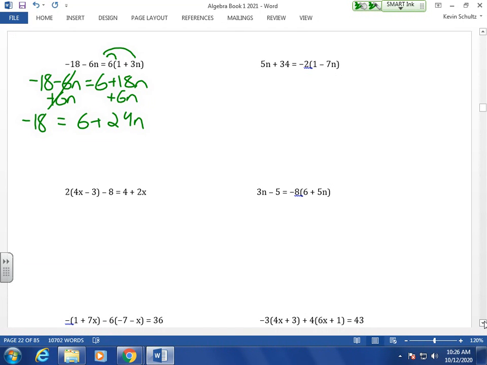You could also subtract 18n from both sides and get negative 24n over on the left. In either case, two-step equation, we're happy, comfort zone, subtract 6, negative 24 equals 24n. Divide both sides by positive 24 to get n by itself. And we get negative 1.